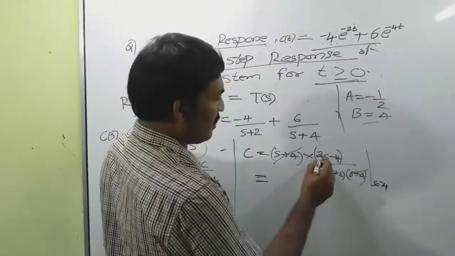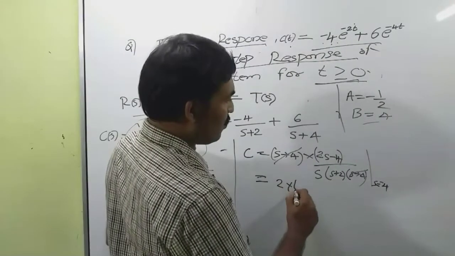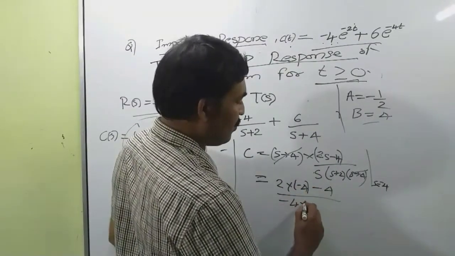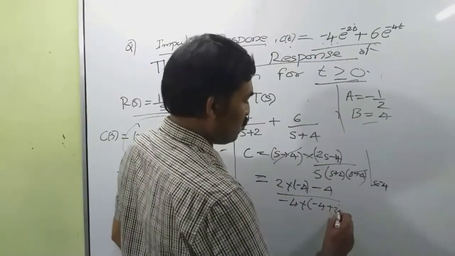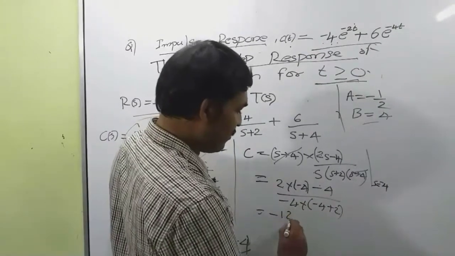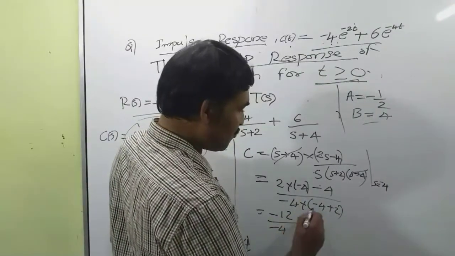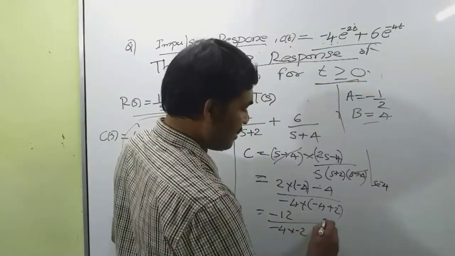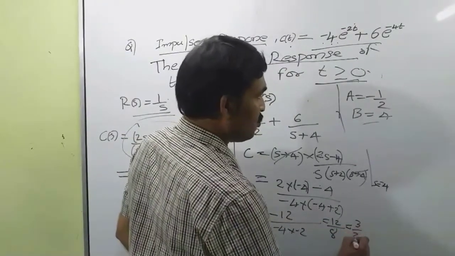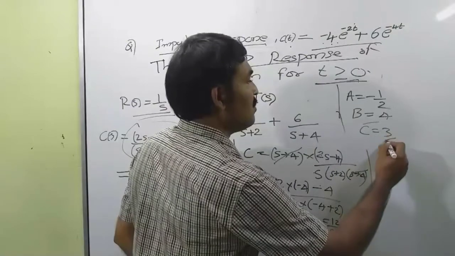Then this is equal to (2 into minus 4 minus 4) divided by minus 4 into (minus 4 plus 2). That is equal to (2 into minus 4, minus 8 minus 4), that is minus 12 divided by minus 4 into minus 2. That is equal to 12 divided by 8, or is equal to 3 by 2. So the value of C is equal to 3 by 2.